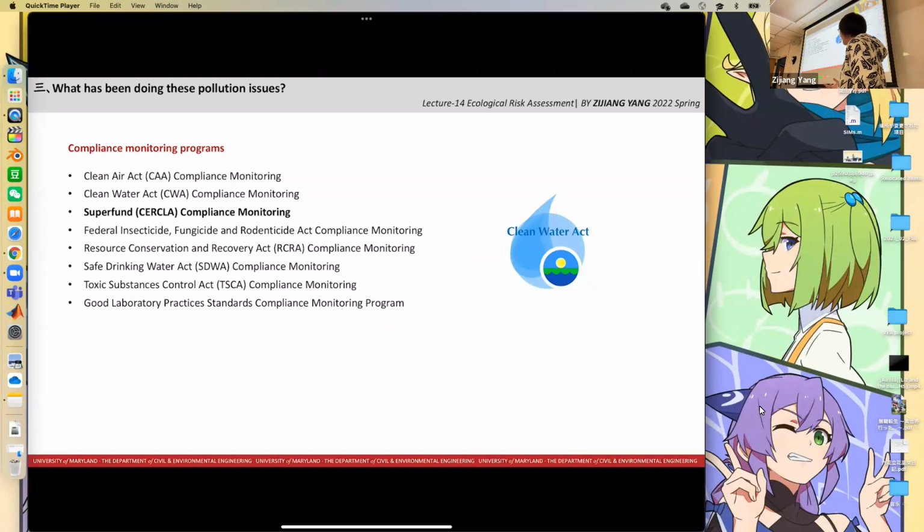There are some different programs listed here, like the Clean Air Act Compliance Monitoring Program or the Clean Water Act Compliance Monitoring Program, and some others. Here I want to emphasize the third one, which is the Superfund Compliance Monitoring Program, also called CERCLA.